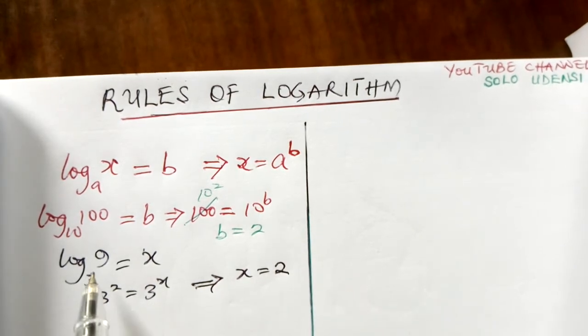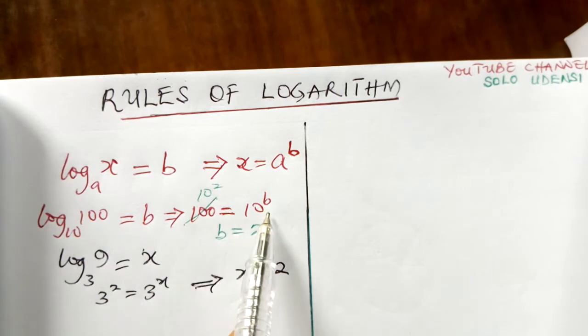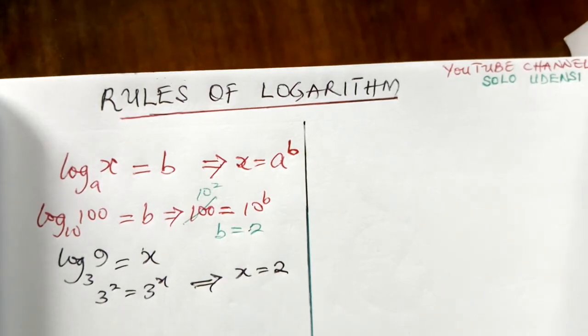Depending on the base, if it is 27 here, it will be 3 raised to power 3, and our x will be equal to 3. If it's 1000 here, it will be 10 raised to power 3, and our b will be equal to 3, and so forth and so on.